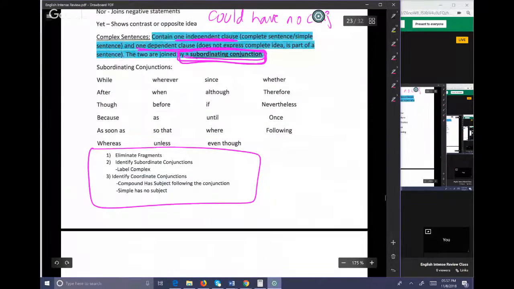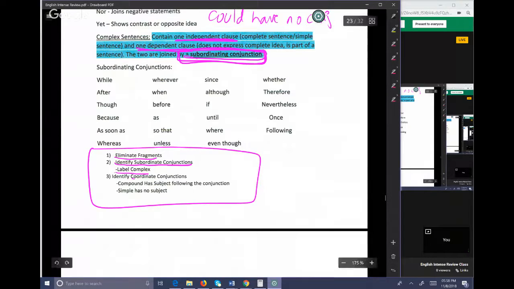Your steps as a reminder. So first you eliminate fragments. If something is not a complete sentence, it is out of the running. Then you identify subordinate conjunctions. So we always look for subordinate right after we get rid of fragments, because we know that if something has a subordinate conjunction, it is complex.